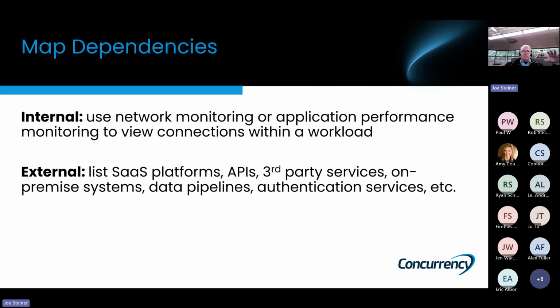Again, mapping dependencies, very important. Internal dependencies would be things within the workload that we will be reconstructing. When we look at internal, it's, hey, here are all the pieces that we're going to be re-architecting in the cloud and migrating. What are those pieces? Frequently, one of the best things to do there is to use monitoring tools, whether network or application performance monitoring, to check those connections within a workload and study them for a little bit.